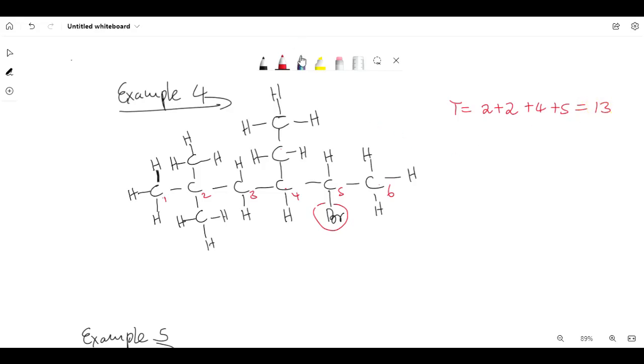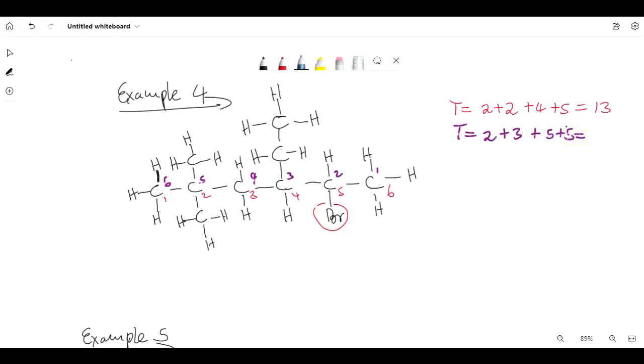Okay. If I take the purple one and I count from this direction, 1, 2, 3, 4, 5, 6. So if I go from right to left and then I do my total, let's see what we get. My bromine is at number 2 plus my ethyl at number 3 plus my 2 methyls at number 5, one methyl, the other methyl.